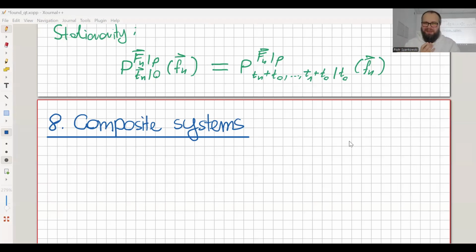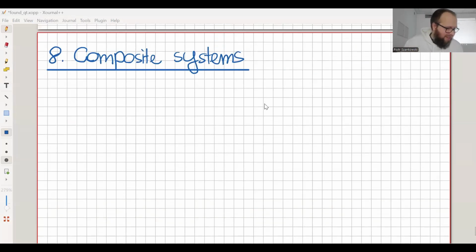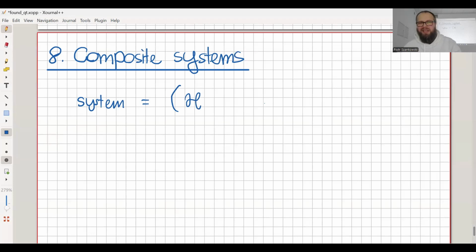So now we have to go back to that scenario and make sure we understand what the Hilbert representation is for those composite systems, right? There is nothing really insightful here, since a system equals a pair of a Hilbert space and a Hamiltonian, right?